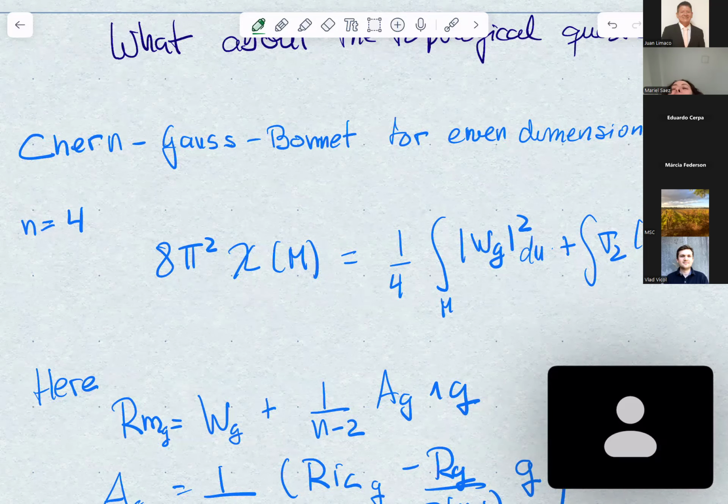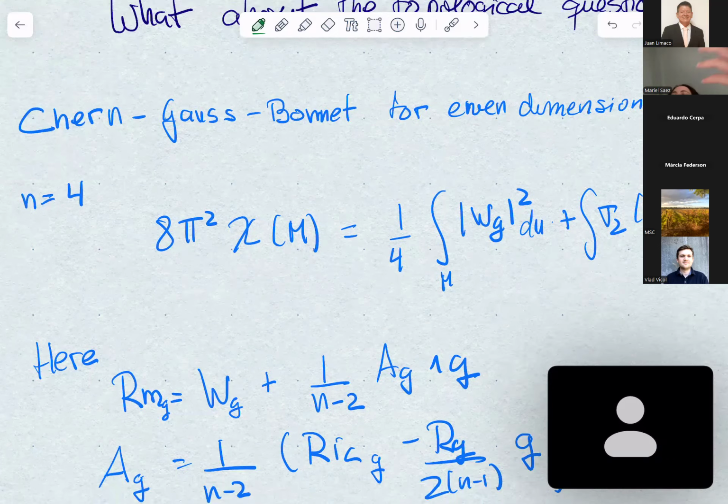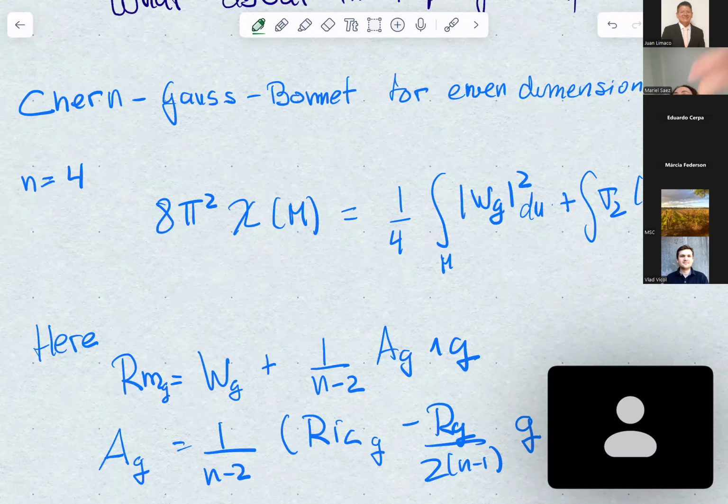So I guess the remaining question is, can we pose another question that may be better suited to relate with topology? And again, inspired by the uniformization theorem, I'm going to say that there's a Gauss-Bonnet formula, the Chern-Gauss-Bonnet formula, for manifolds that are even dimensional, so 4, 6, 8, etc. And the question is, can we use that information to create a new flow, or a new equation, that gives us more information about topology?